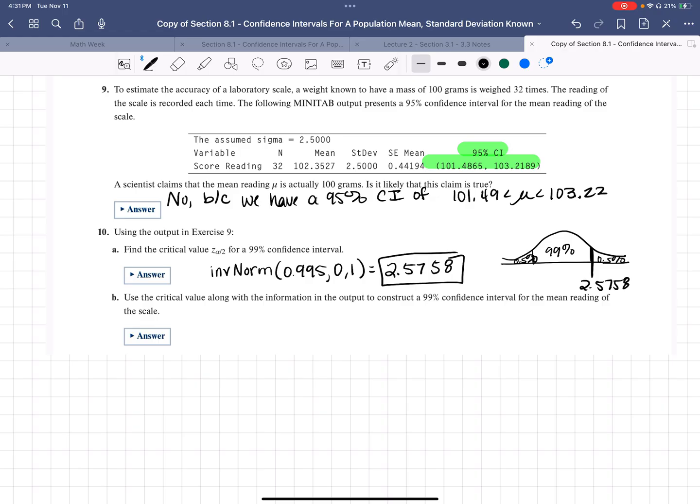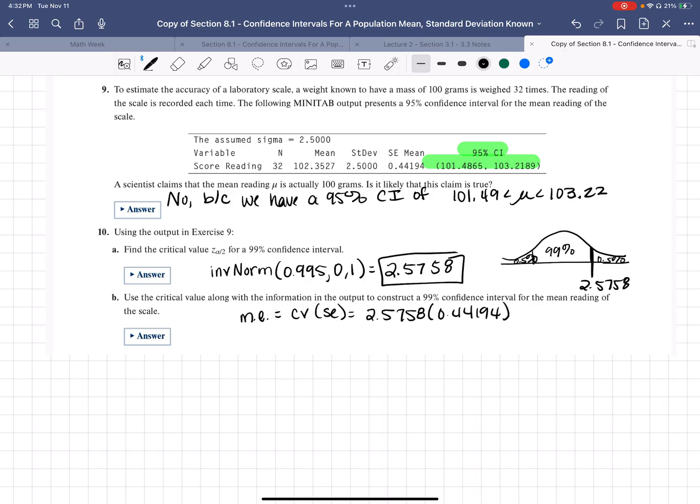Okay, so I know that the standard error is 0.44194, so I can find the margin of error on that 99% confidence interval to be that critical value times the standard error, which is going to give me 2.5758 times that standard error, which is, we saw that up there, 0.44194.